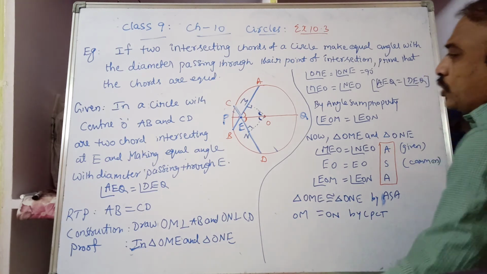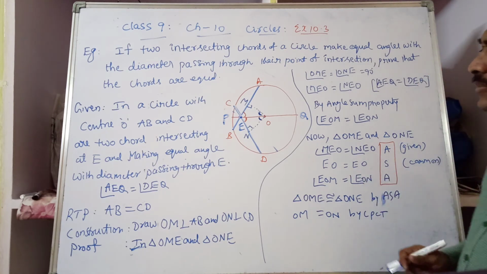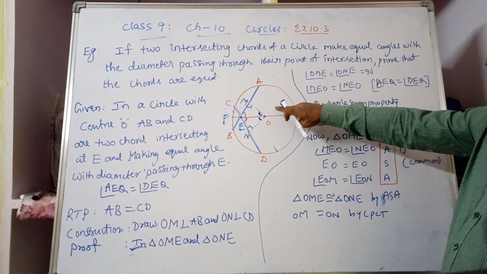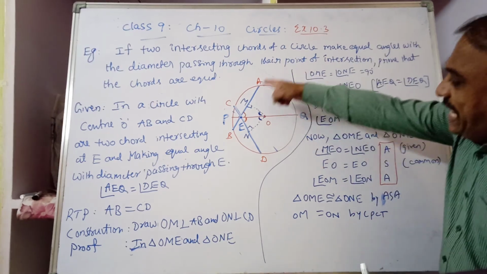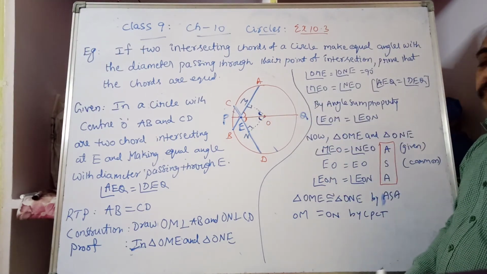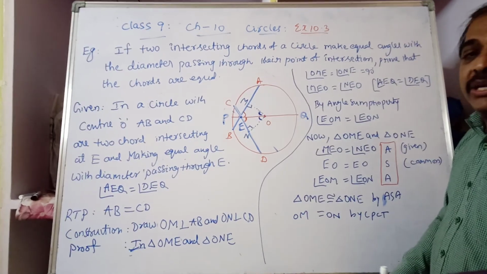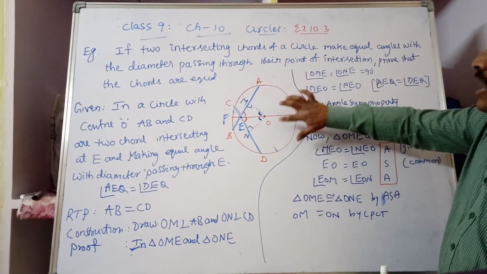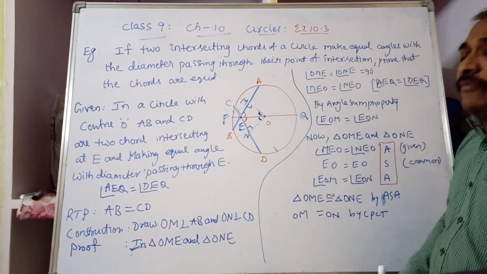Now, the theorem. What does the theorem say? If the chords are at equidistance from the center, see, AB and CD are the two chords. Are you following? The chords are equidistant from the center of a circle.